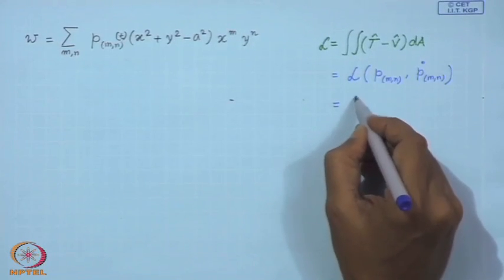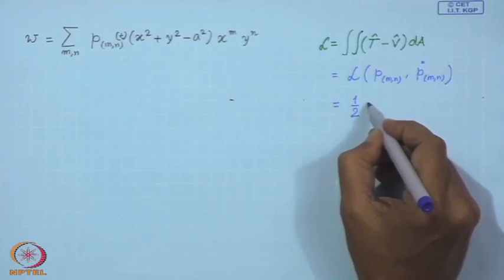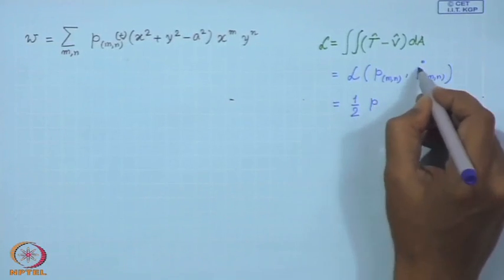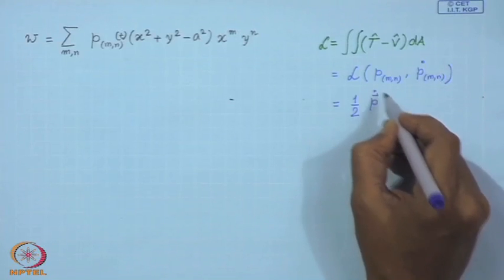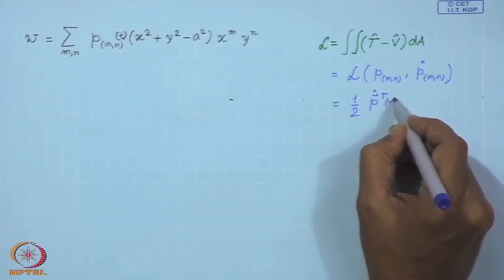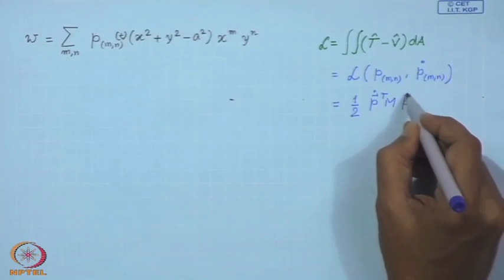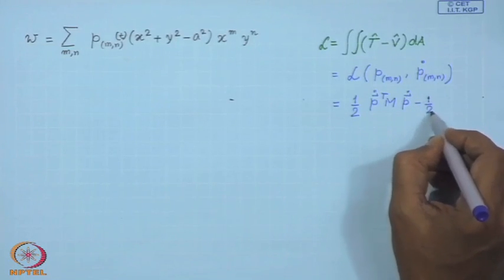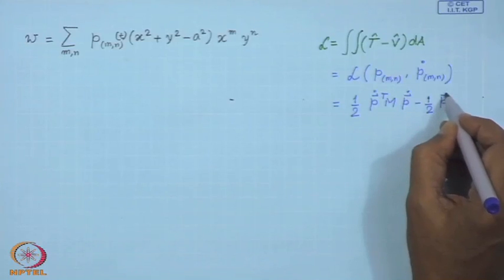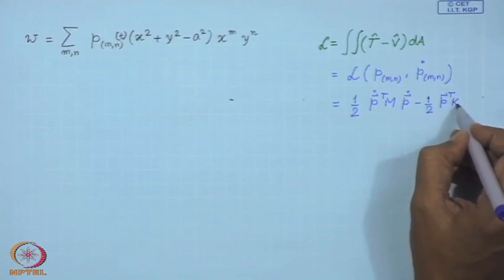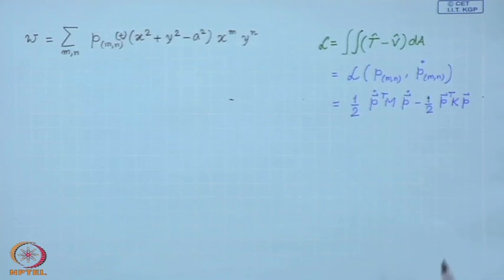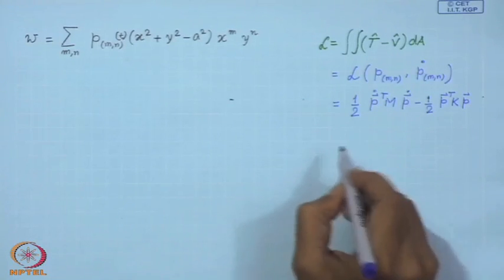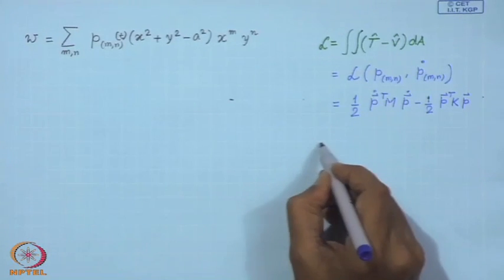This Lagrangian will have this structure, so the equation of motion will follow.